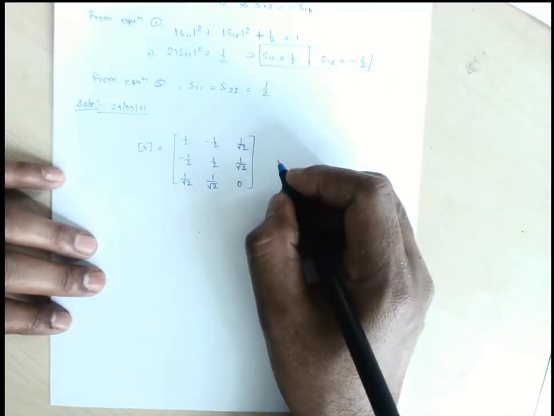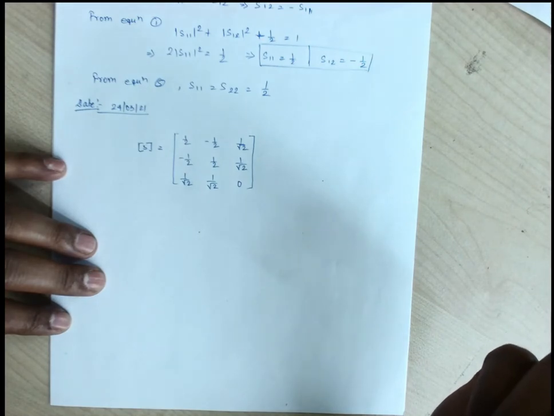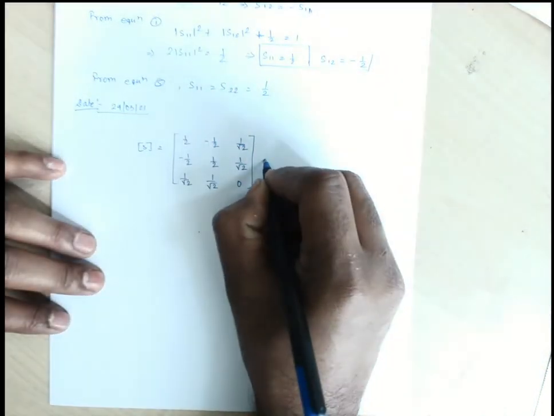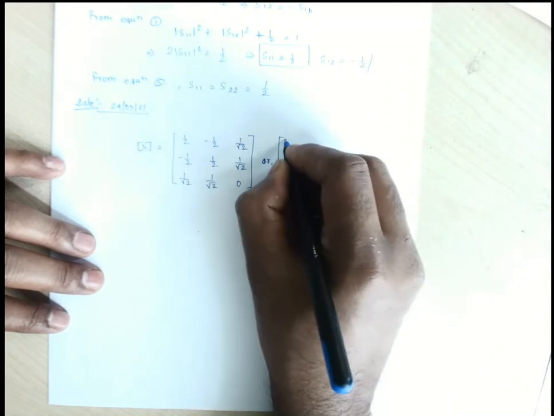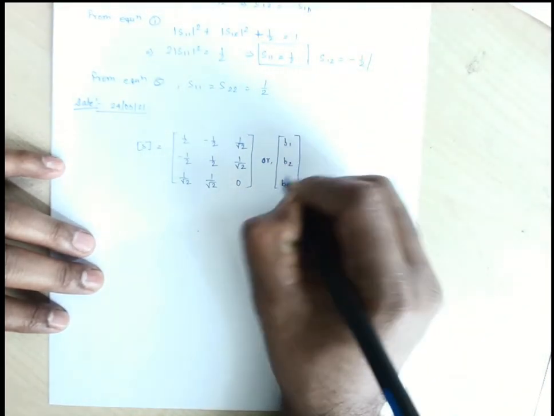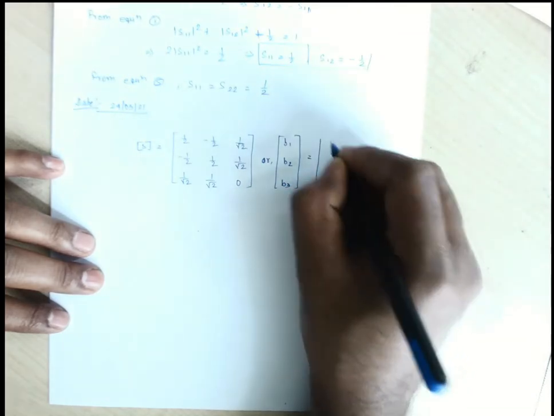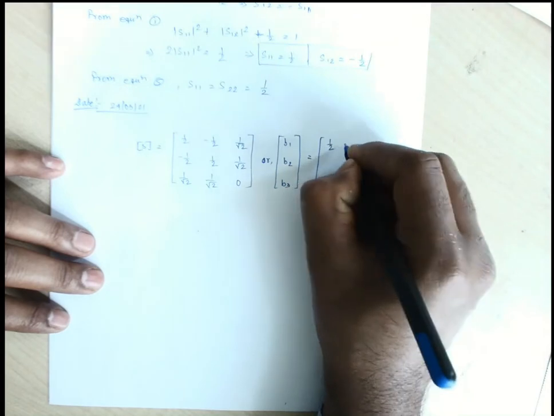So if we are writing this input output relation, the reflected signal depending upon the input signal, what we can write is that the reflected signals B1, B2, B3 are related to the incoming waves by this S matrix.